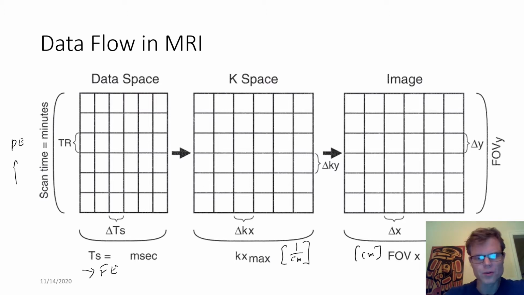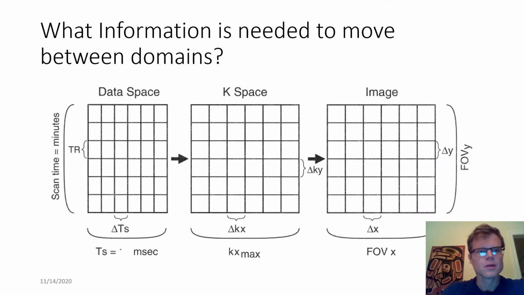And there are key quantities shown here that we're going to use. First of all, these delta kx, ky, delta x, y, kx max, field of view x, field of view y, that we're going to go through in this lecture. So let's think about what information we need to move through these different domains.